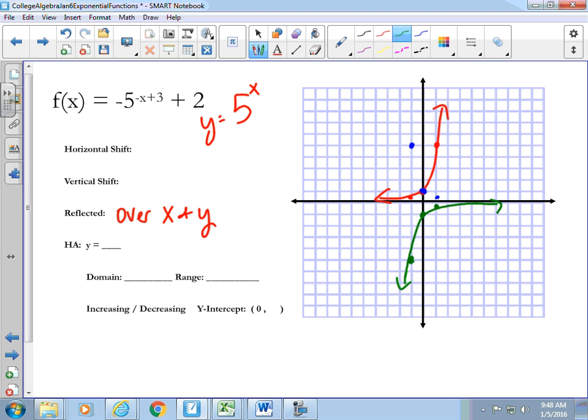Any questions so far? Is there a vertical shift? What is it? Up 2. Is there a horizontal shift? And here's the tricky part of this question.